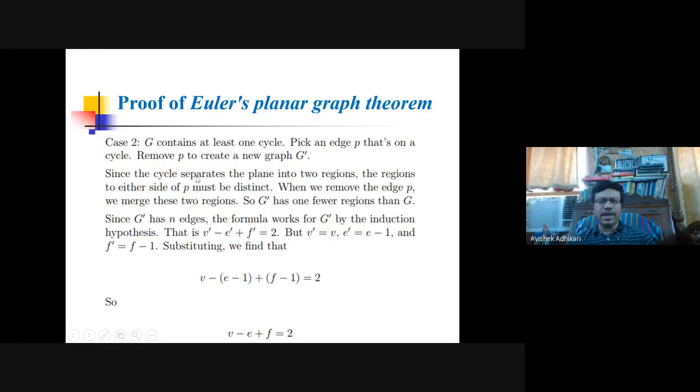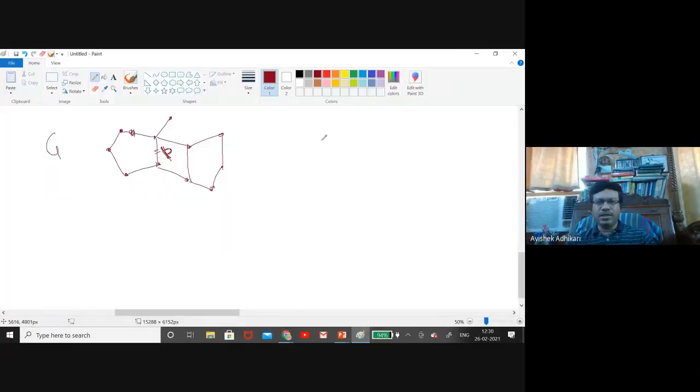Since the cycle separates the plane into two regions, whenever you have a cycle, there will be some bounded region. So a cycle will always separate region 1 and region 2.